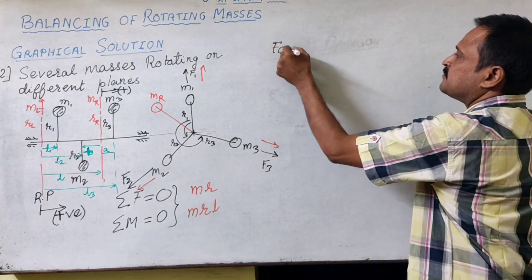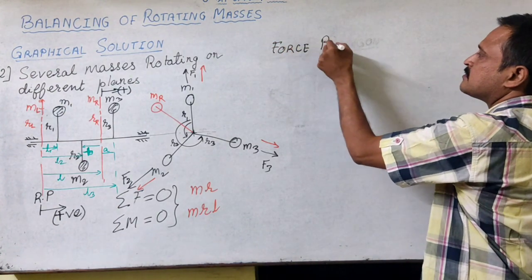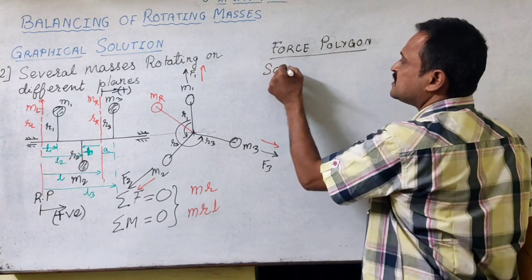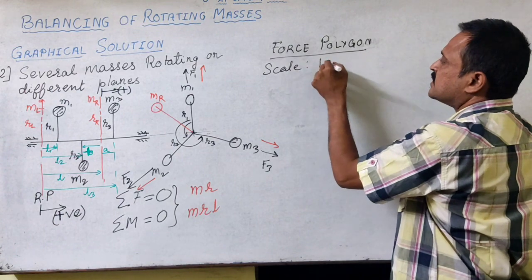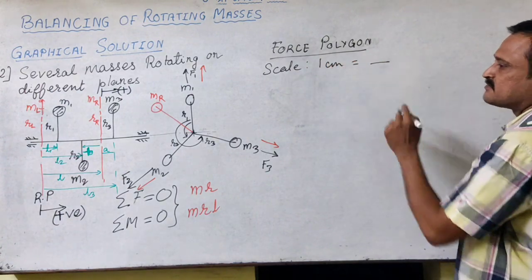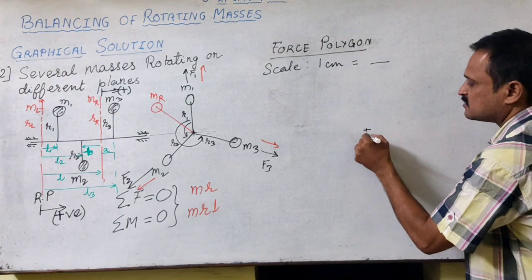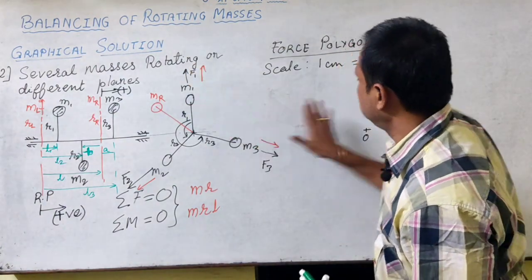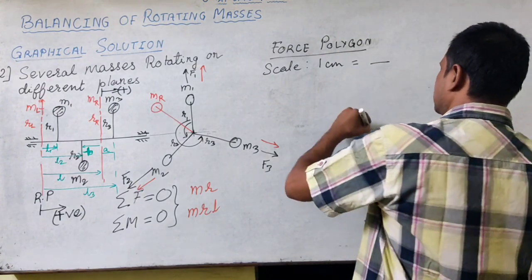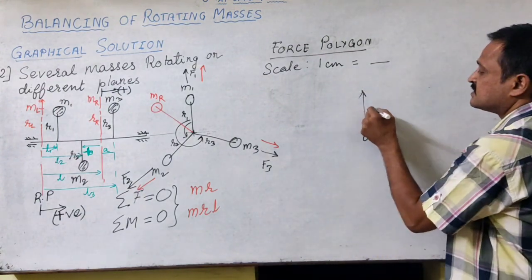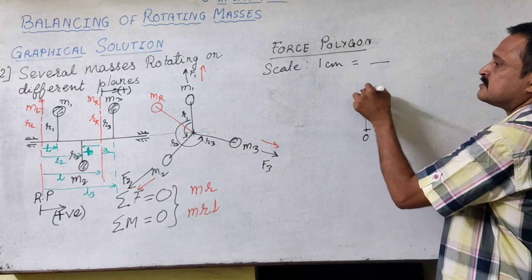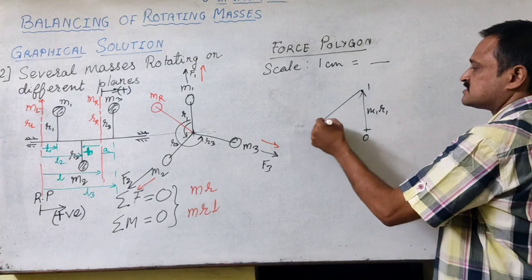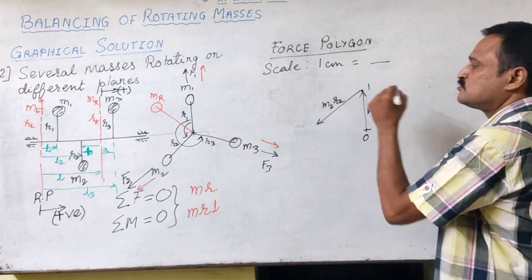Again we can take a suitable scale, as 1 centimeter will be whatever unit it comes out to be. So now we take the pole. Again force M1 is in this direction, so I get this as M1R1. Then M2 is in this direction, so this is M2R2.